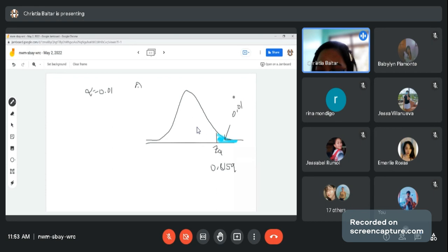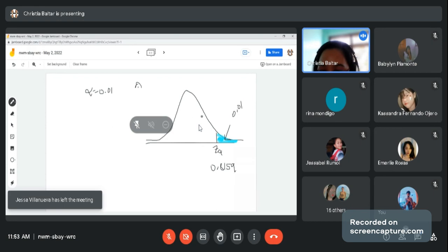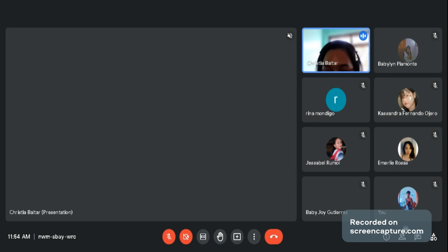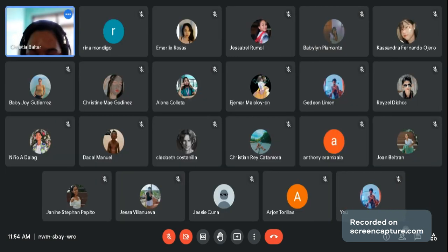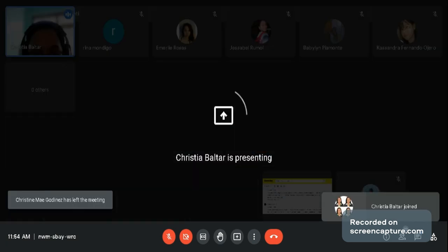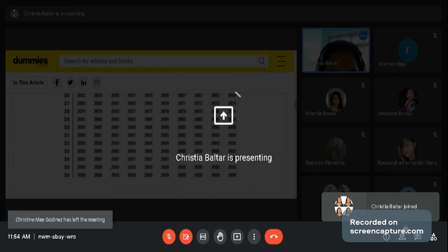So this is 0.01. If this is 0.01, this is 0.99. So we will look at the Z table for 0.99. I will share the Z table. So let's look at 0.99.